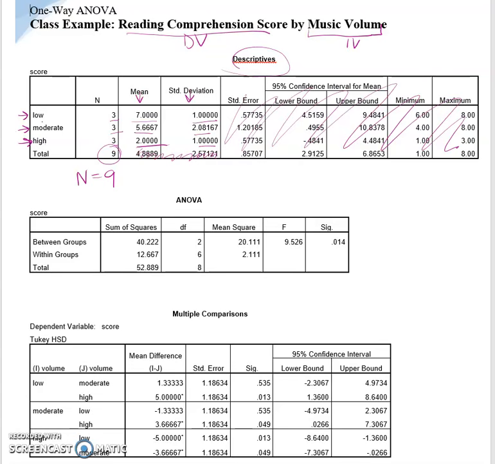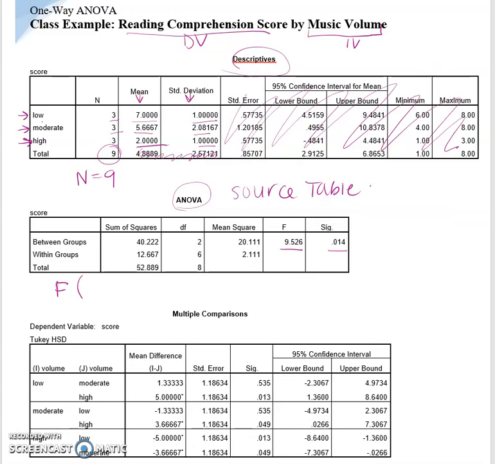The next thing we need to look at is the ANOVA. If you'll notice, this is the source table that we looked at computing. And in that video, I showed you how to interpret this. Here you have the F test, and yes, it is significant.